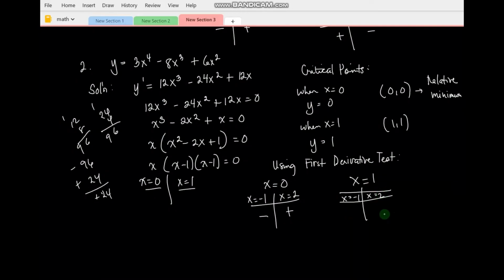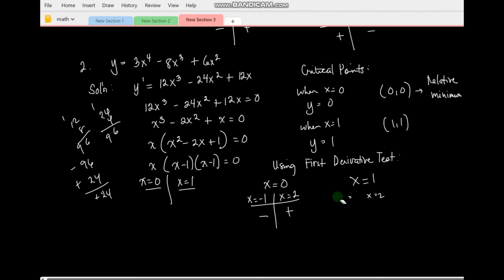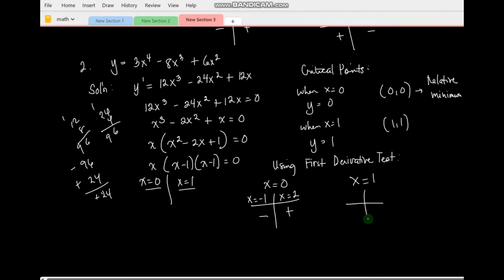So, wait, we need to choose, rather, sorry. We need to choose a number nearer to that one. x equals 1. Nasa left 1. So, x equals, say, 1.5.